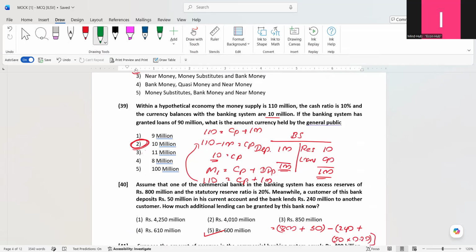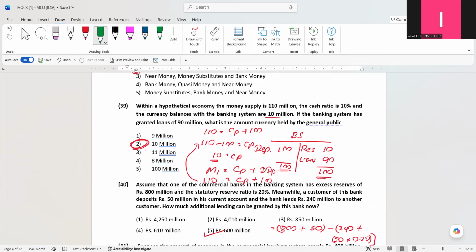Okay, I put the information given into a balance sheet. Deposits are 100. Now, they don't directly say deposits are 100, but we know deposits are 100. Why? Because money supply is 110. Out of that, 10 million is 10%. The currency balances with the banking system are 10 million, right?